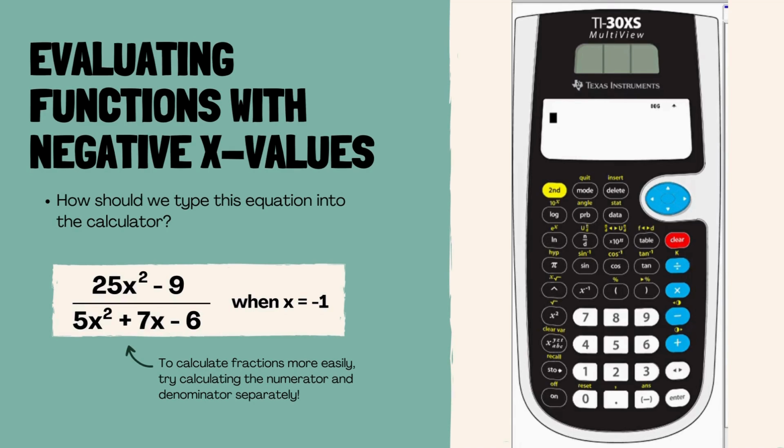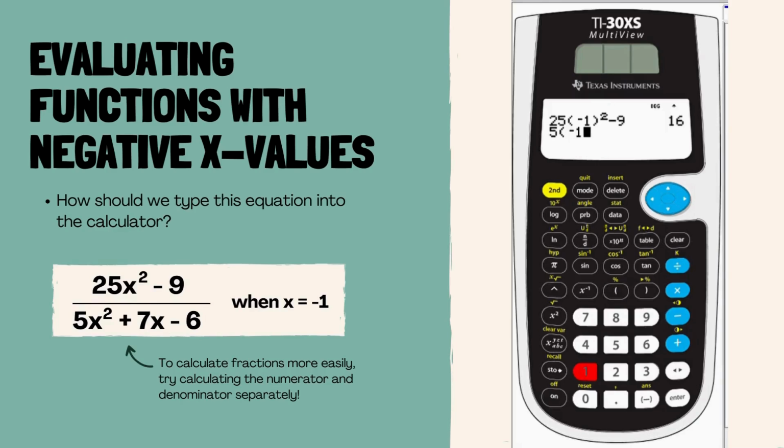So our numerator is going to be 25 open parenthesis -1 close parenthesis squared minus 9, and for that we get 16.